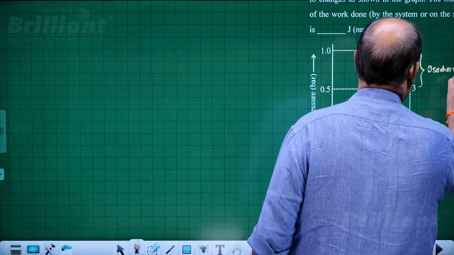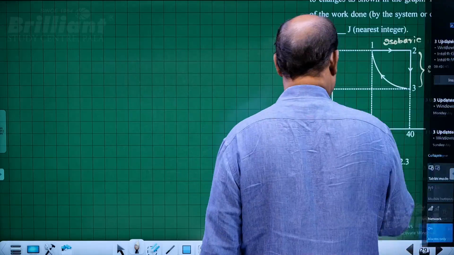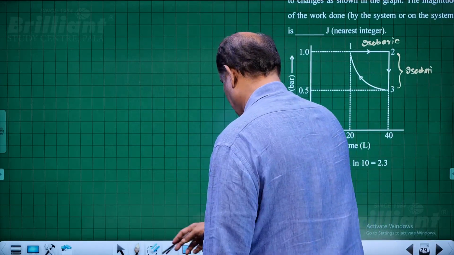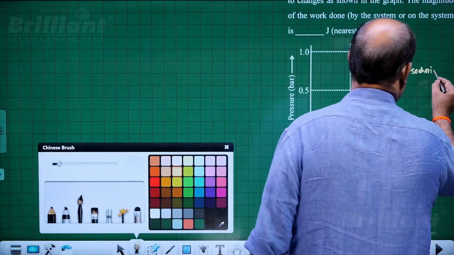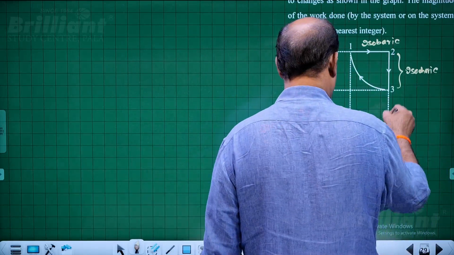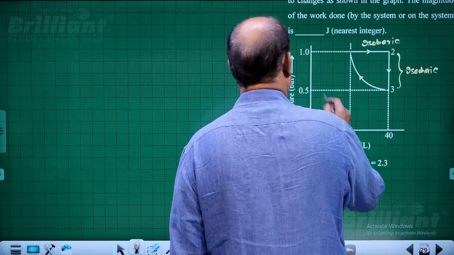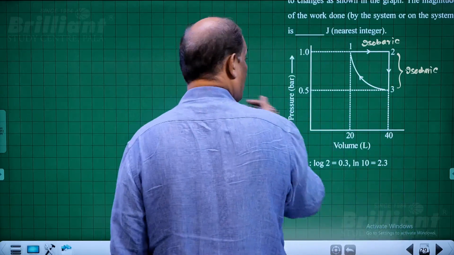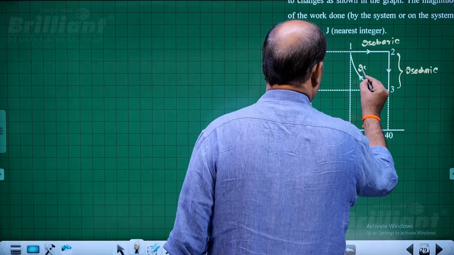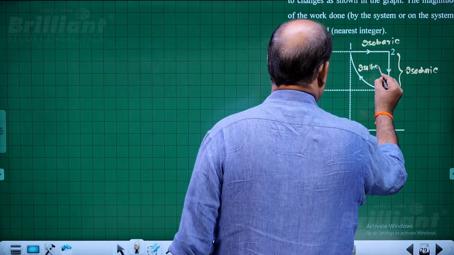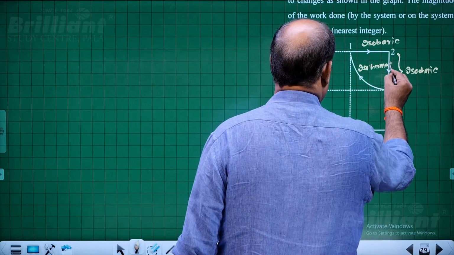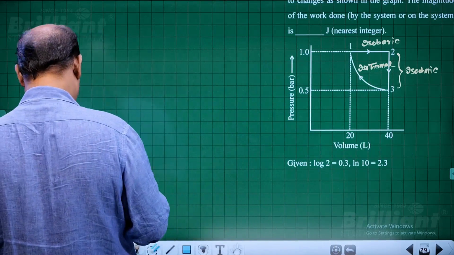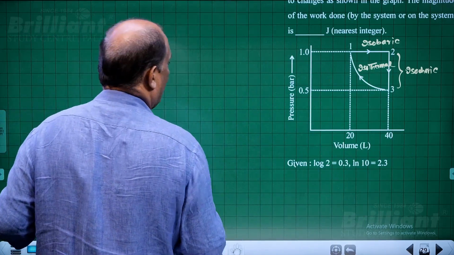This is isochoric, where volume is constant. Here pressure is constant. So this is isothermal. Okay. So what we have to write now?